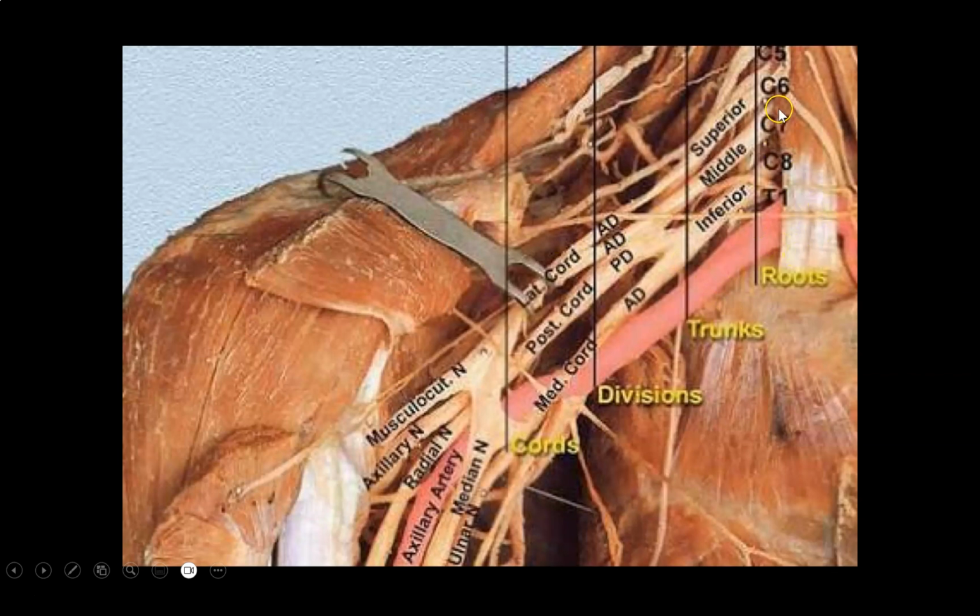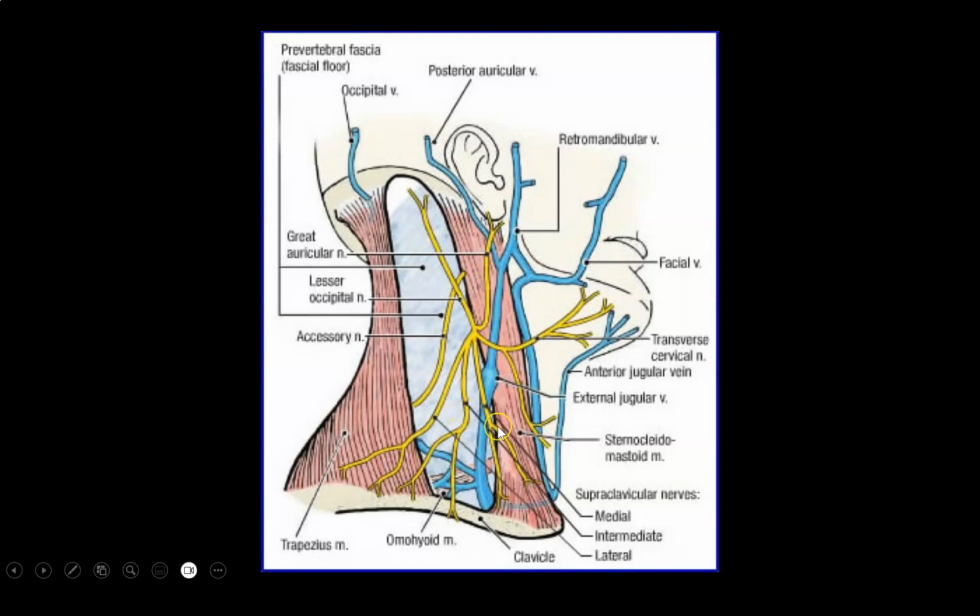Another view: roots, trunks, divisions behind the clavicle, cords in relation to the second part of the axillary artery, branches, and the nerves. So the supraclavicular part of the brachial plexus, we are talking about the posterior triangle of the neck, the lower part of the posterior triangle, what we call the subclavian triangle or the supraclavicular triangle, bounded by the sternomastoid anteriorly, the clavicle below, and the inferior belly of the omohyoid muscle superiorly.